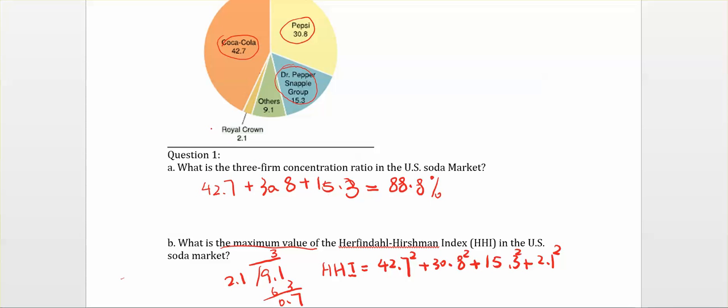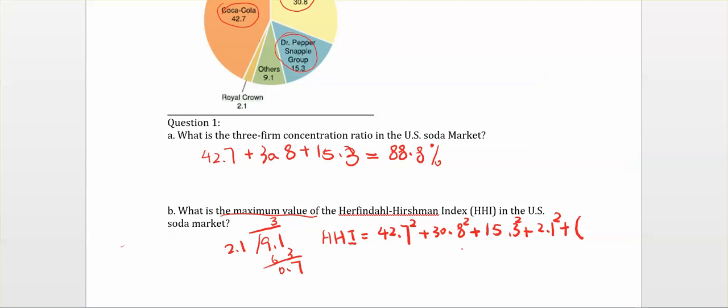So that is the top 4 companies. For the others, we separate it into three similar small firms, which take up the market share of 2.1%.